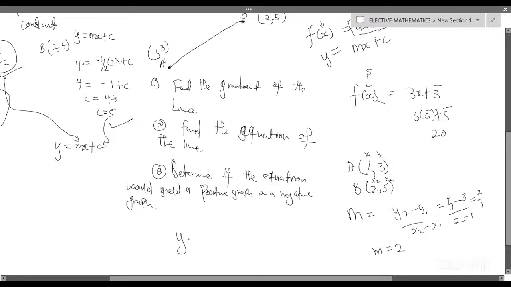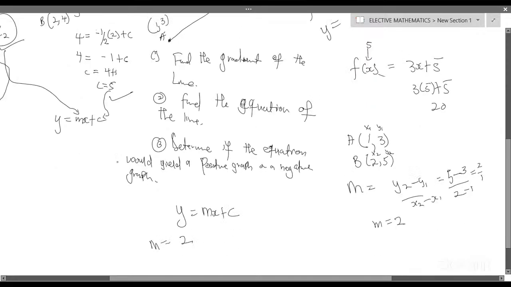To find our c, we can pick any of the coordinates. It could be A, it could be B, to represent our x and y. Which one should we pick? I think A will be the easiest. So let's pick coordinate A, which is 1, 3. Wherever we see x in this equation, we put 1 there, and wherever we see y, we put 3.